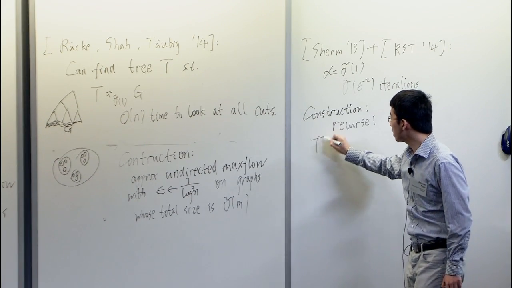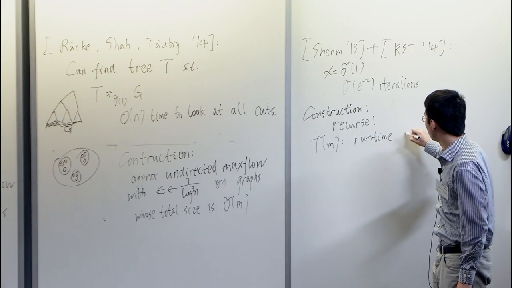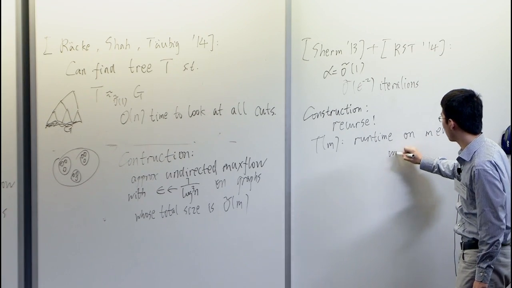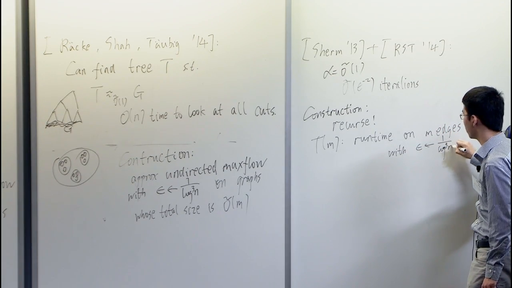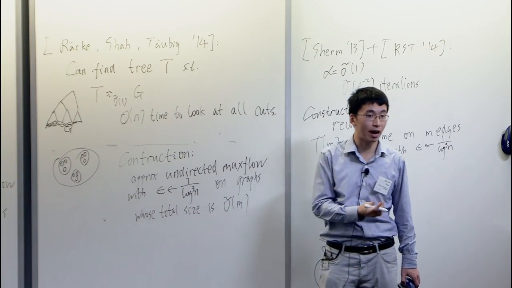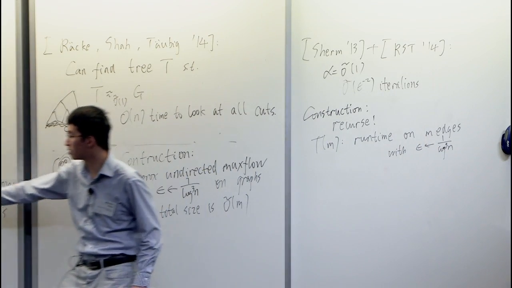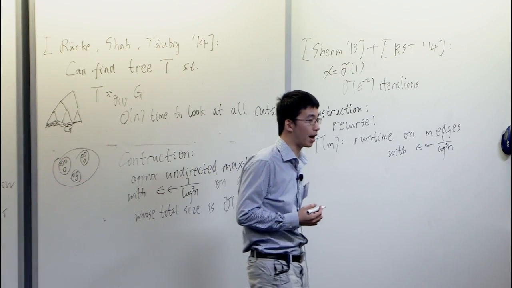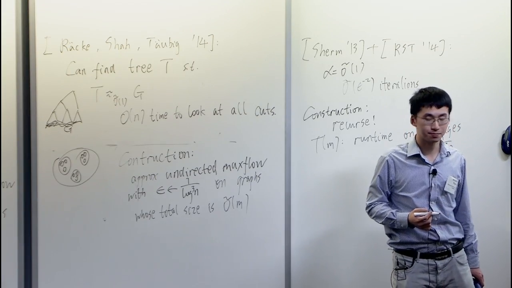So let T of m denote the runtime on an instance of size m with epsilon equal to 1 over log cubed n. This log cubed n is just because of this error setting. I will set error to that just for simplicity. The reason it makes things simpler is because the dependency on error is just polynomial. So if my error is 1 over polylog, my overall runtime just loses a polylog factor.